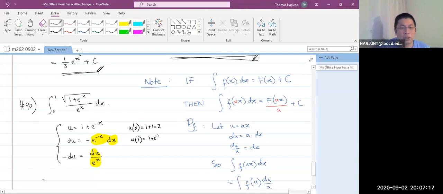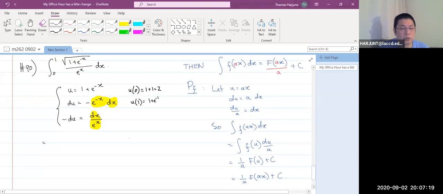Okay, so this becomes the integral from 2 to 1 plus e to the negative 1 of u to the power of 1/2 times negative du.